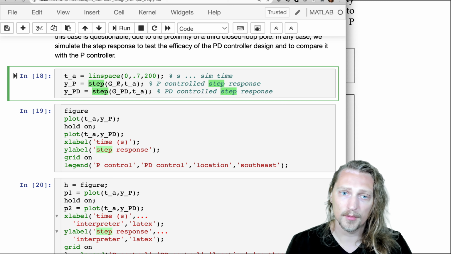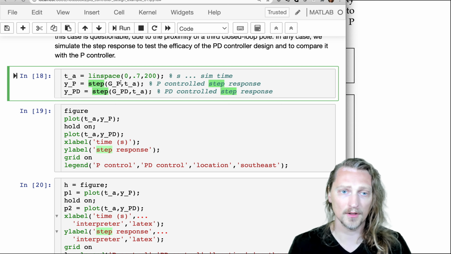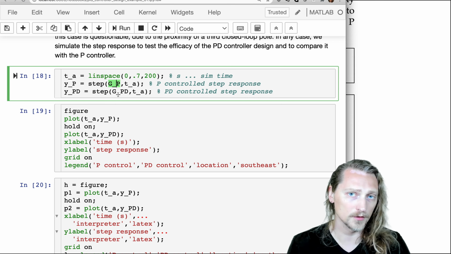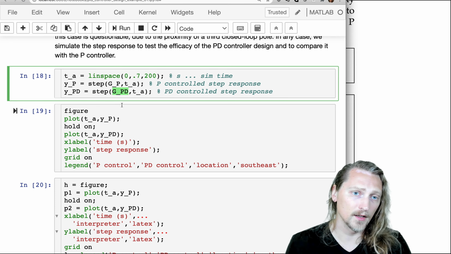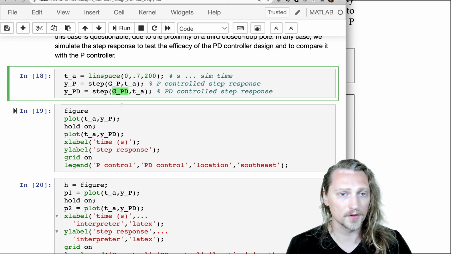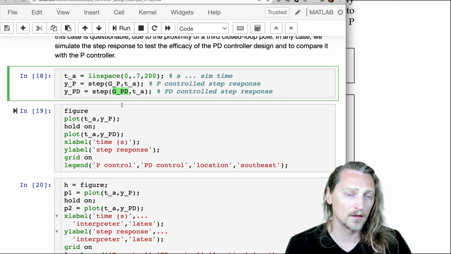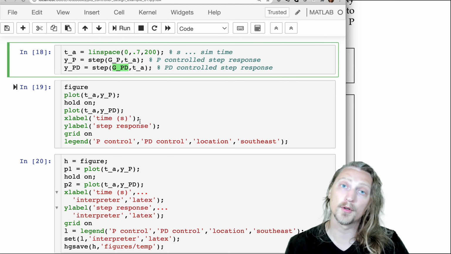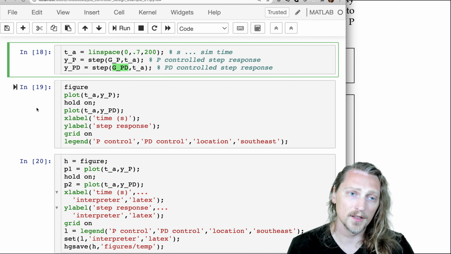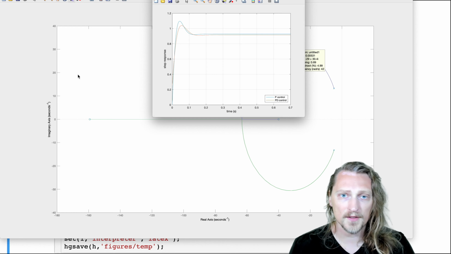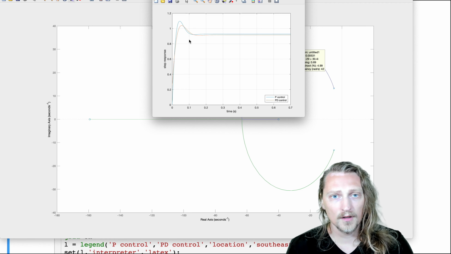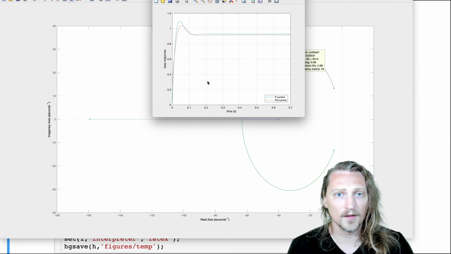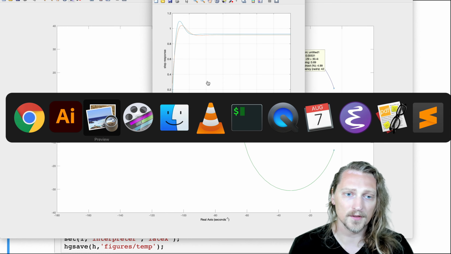We'll do a step response simulation using the proportional closed loop transfer function, and a closed loop transfer function using the PD controller. And we'll compute both to compare how the proportional relates to the PD control response, and we get this graph for the two responses together.